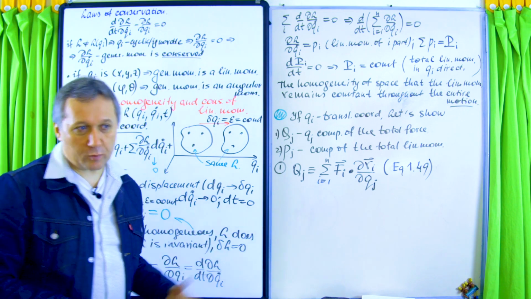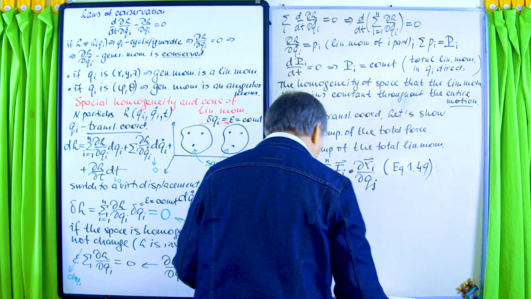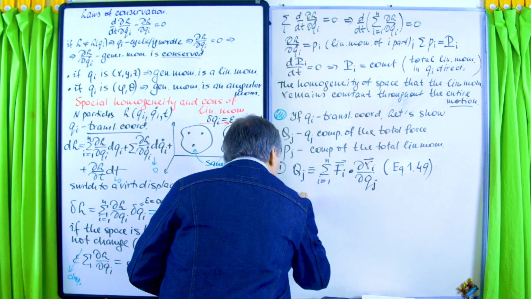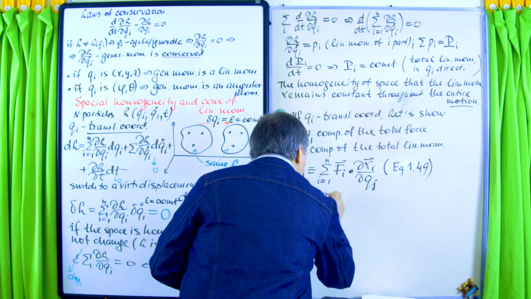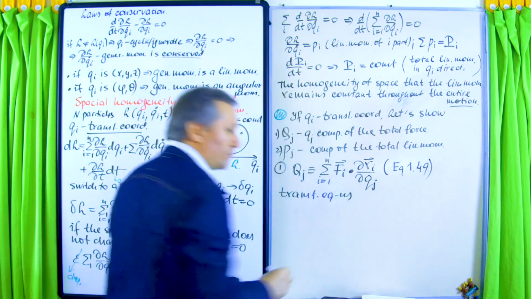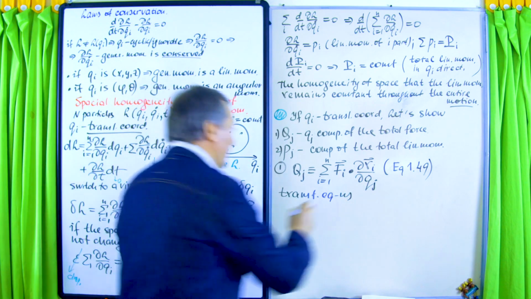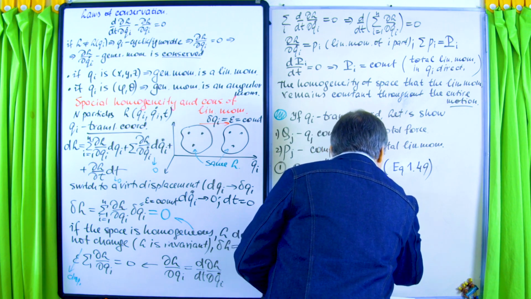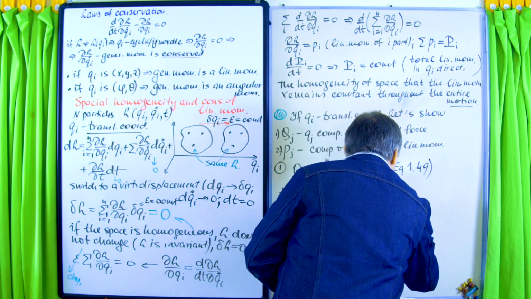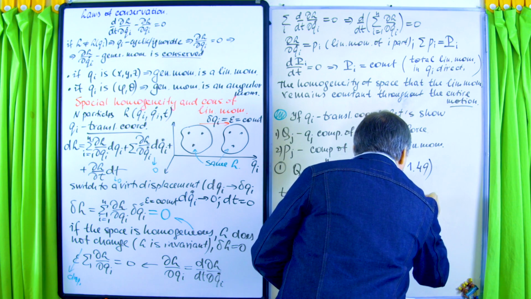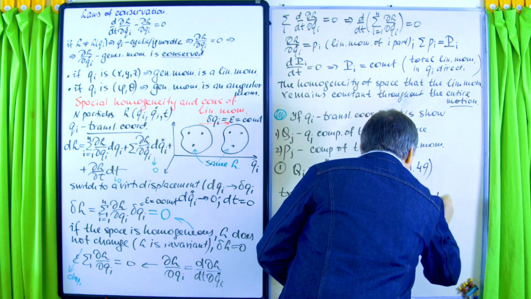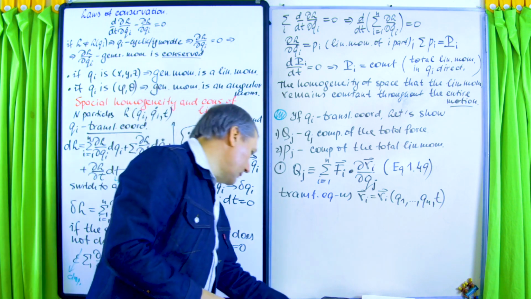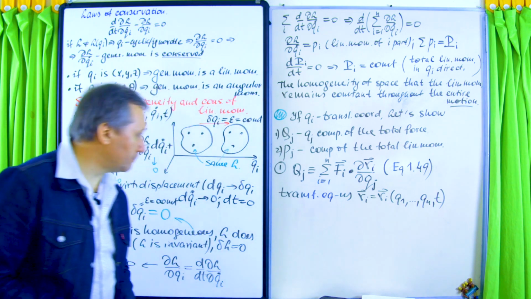So again, from chapter 1, let's recall transformation equations. There are a few of them most of the time. So it's Ri, a function of all these new coordinates and possible time dependence, right?